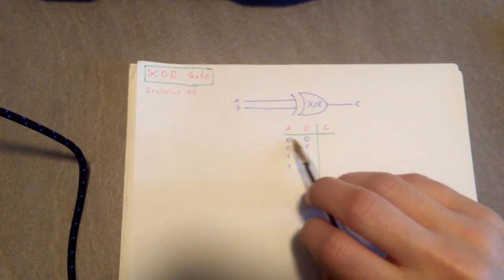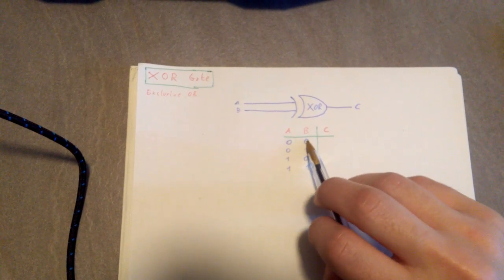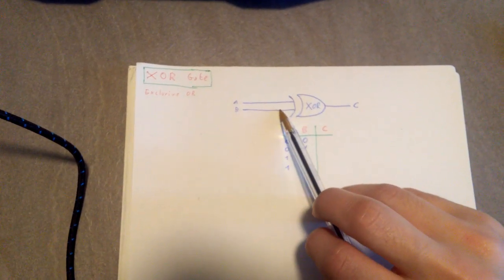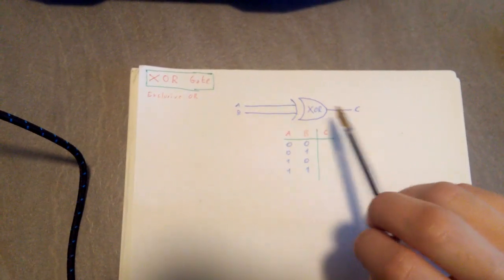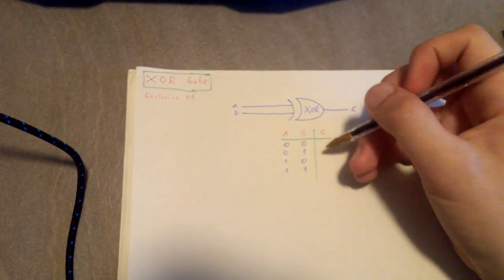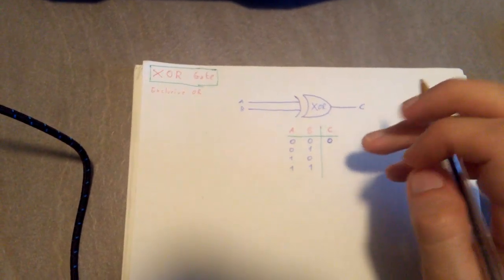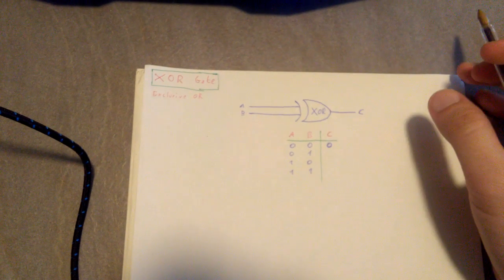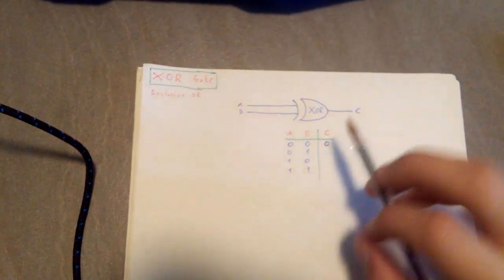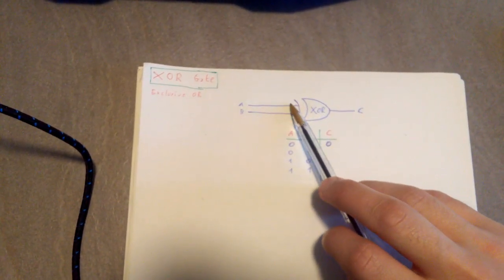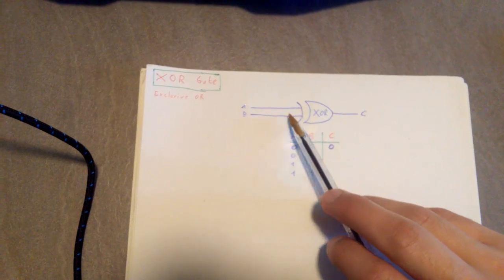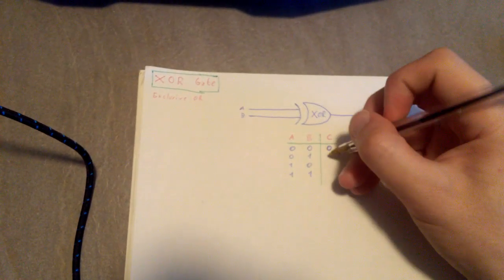So if both of them are 0 as the input, so A is 0, B is 0, so both of them have a low voltage, then the output is going to be 0, because the XOR actually wants at least one of them to be 1, so high voltage. So if A is 0, low voltage, and B is 1, high voltage, then the output is going to be 1.